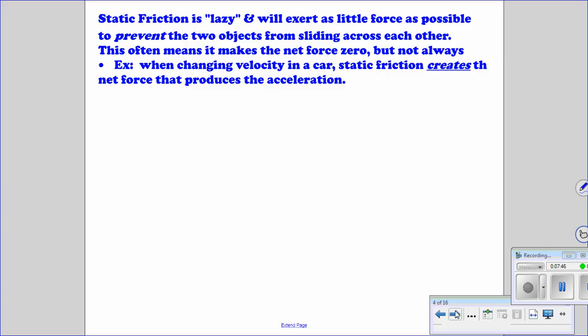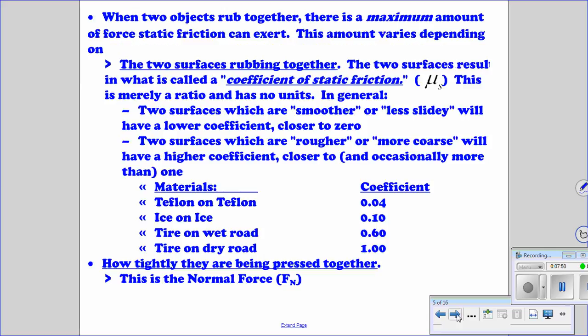So what that means is this. When two objects rub together or are tried to rub together, there's not a technical name for this, unfortunately, but there's a maximum amount of force that static friction can exert.